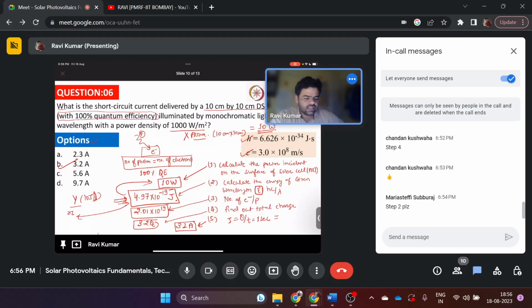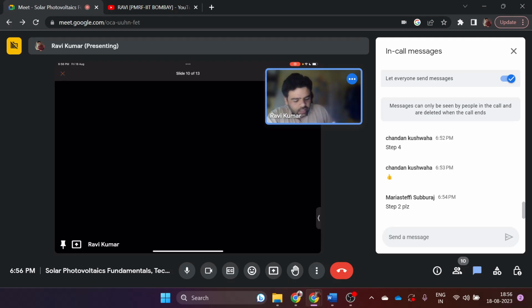See, just look at it. We have a solar cell and these are the photons. This is a single photon having 400 nanometer wavelength, and this is 10 into 10 centimeter square size.